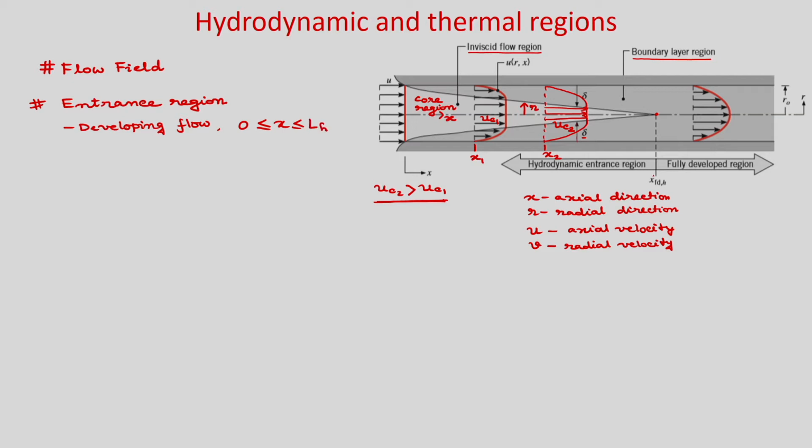Whatever is mentioned here as x fully developed h, that length we call the entrance length, which is your L h. Now, this entrance region is characterized by the following features.